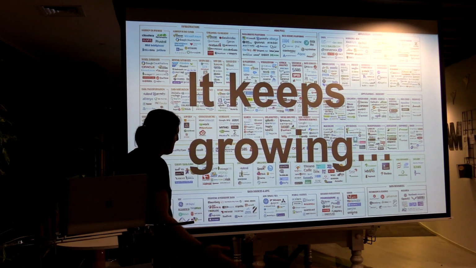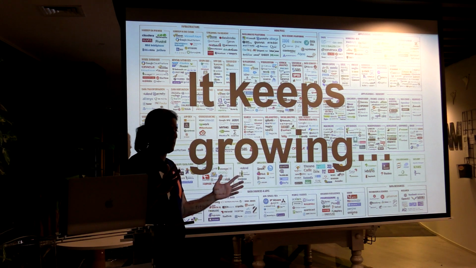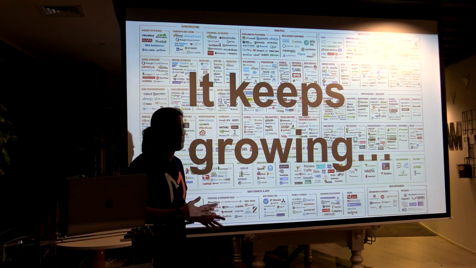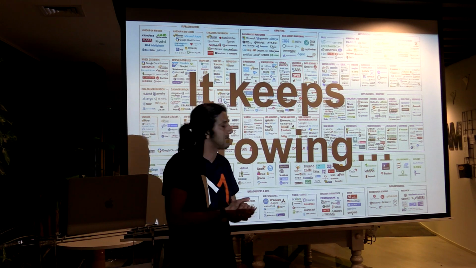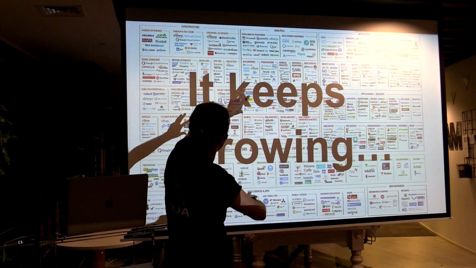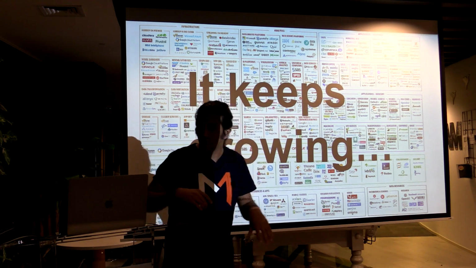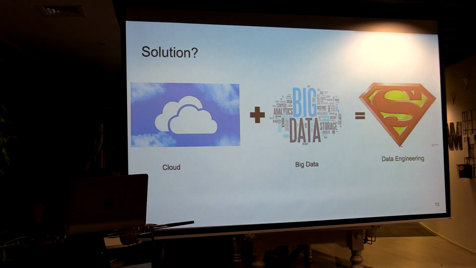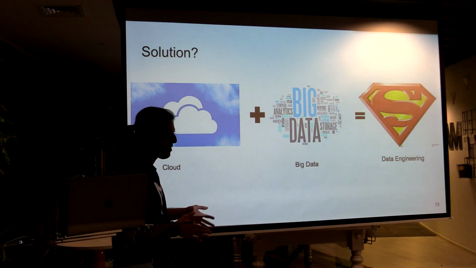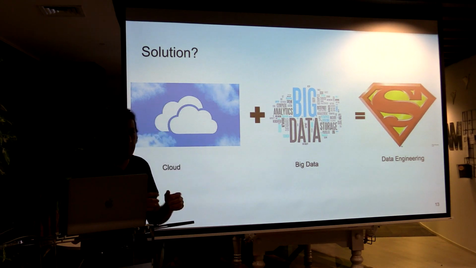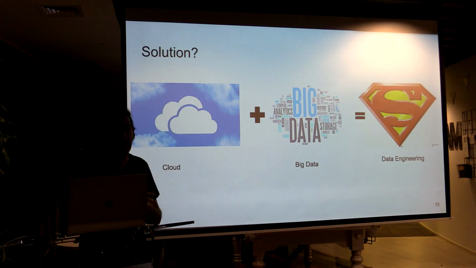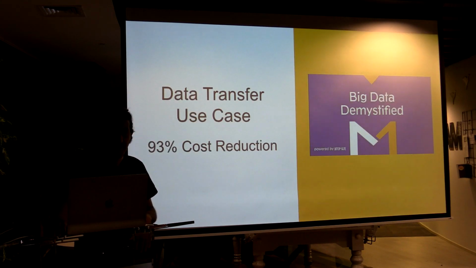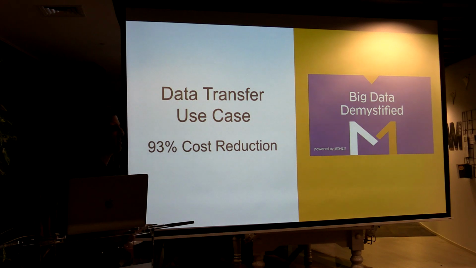So basically, I can count about 7-8 different data engineer profiles that can be found based on these technologies. So it's very challenging to keep up in terms of technology. And my solution was to focus on cloud solutions and big data solutions in the cloud and implement data engineering methodologies.